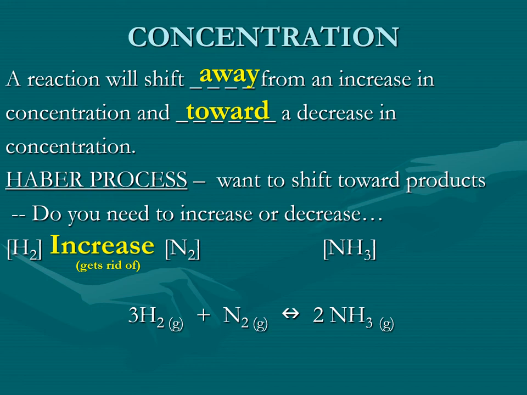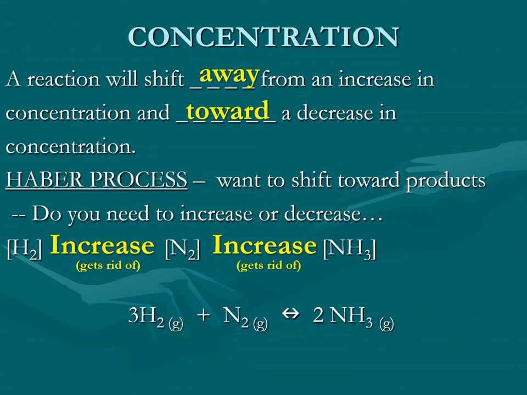If I look at the concentration of the nitrogen, again, I want to shift it away from it towards the products. So I'm going to have to increase the amount of nitrogen. So if I increase the hydrogen and the nitrogen, I'll shift it and create more ammonia. Now, on the other hand, what happens if I change the product?